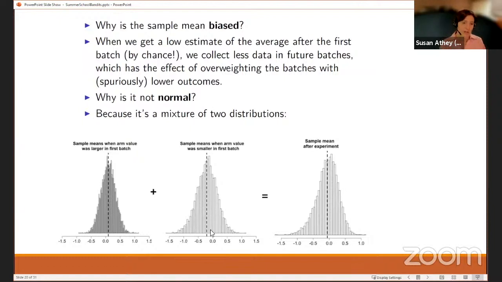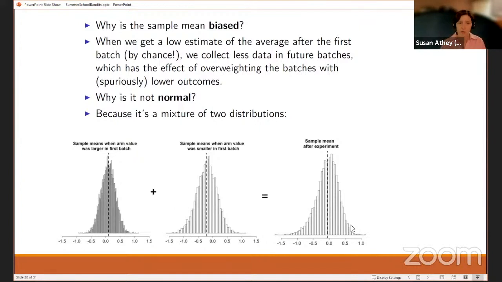While if you were larger in the first batch, on average, you're averaging something that was high, but then you're going to gather a lot more data. And so that's going to pull you back towards 0, because you gathered more data, and eventually the effect of having been the highest in the first batch is small. So if the 2 arms are equal, then there's equal chance of each.